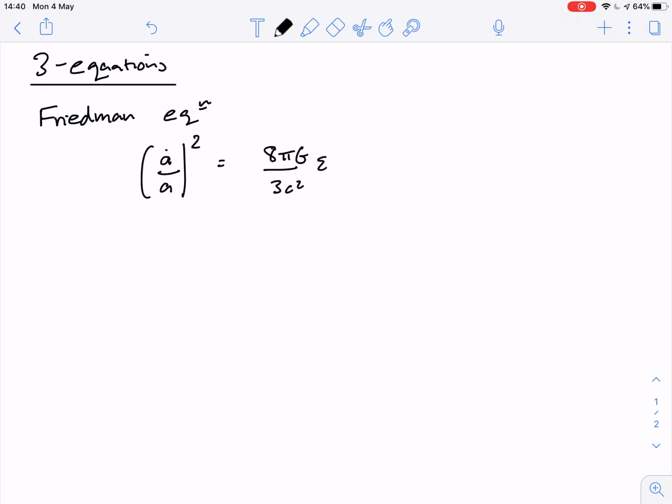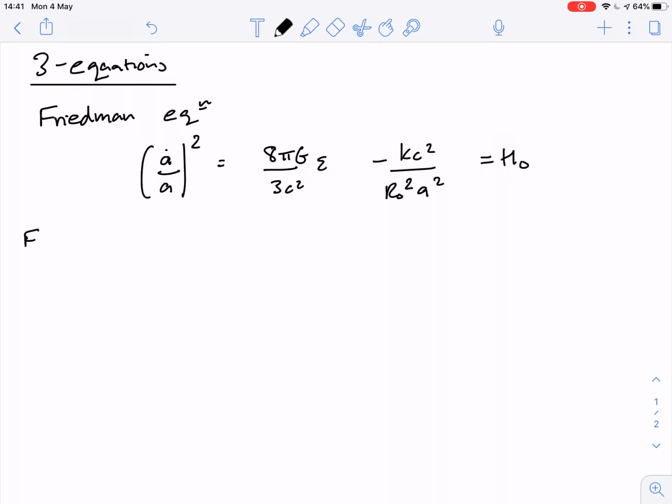That's the energy density epsilon, some measurement of the curvature, which is basically a statement about the total energy density of the universe. Not necessarily trivial to solve, but if we can solve it, then we understand how the size of the universe is going to change with cosmic time.